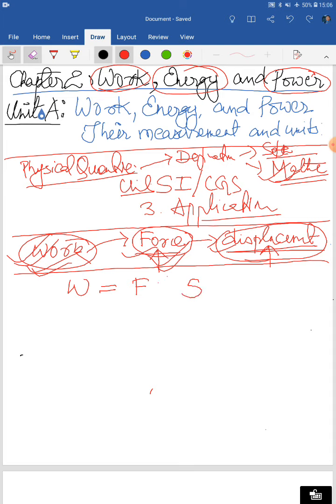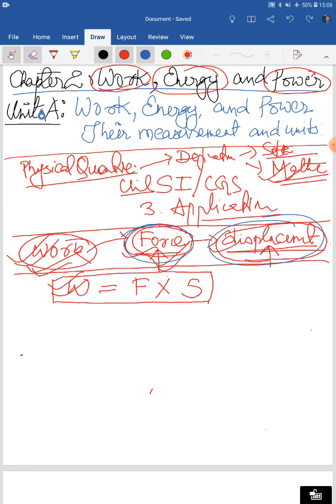When you multiply or find the product of force with the displacement, you get the amount of work done. So mathematically, amount of work done is the product of force acting on the body and the displacement created in the direction of force. So W is equal to F into S. Here you have two factors on which work done depends. Number one is force, number two is displacement.